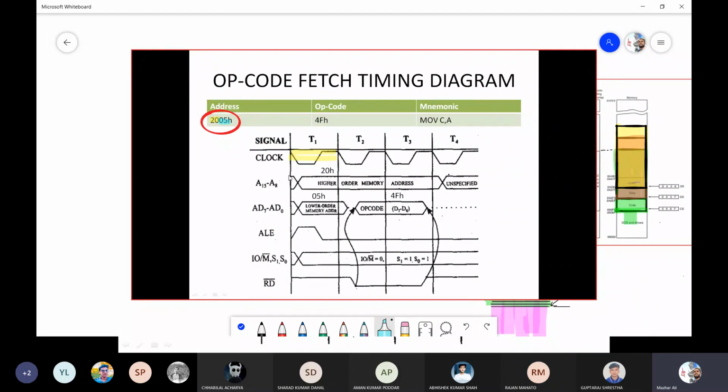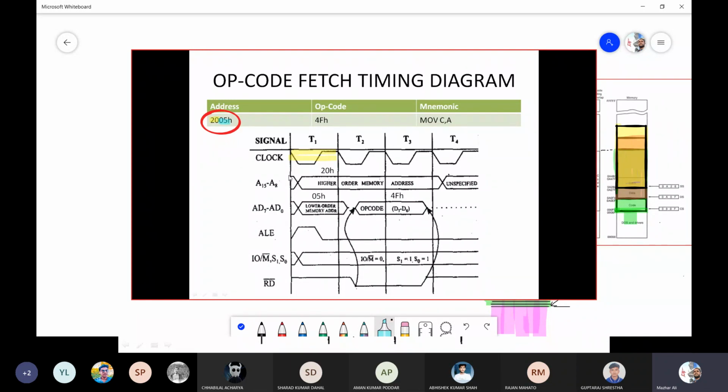The 16-bit address goes through two parts of the address bus. The lower bus is AD7 till AD0, which is multiplexed with the data bus, and the higher bus is A8 till A15, which is standalone.